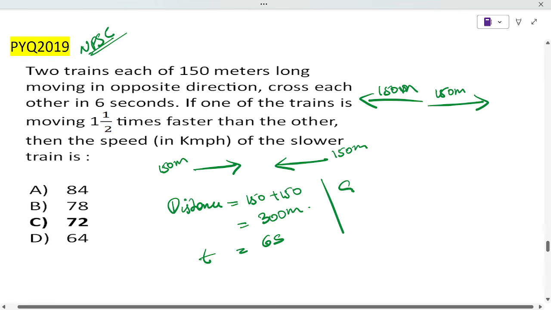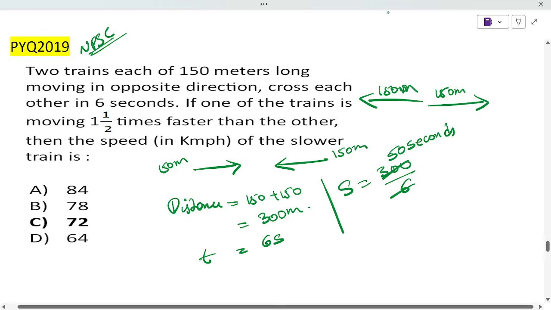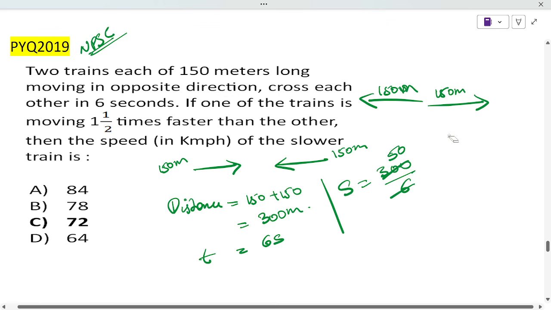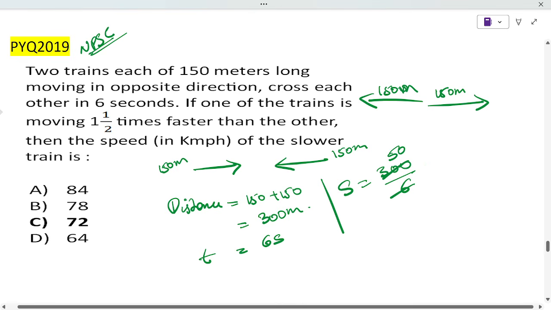That means speed will be distance by time, so this will give us 50 meters per second, not 50 seconds. We have 50 meters per second.